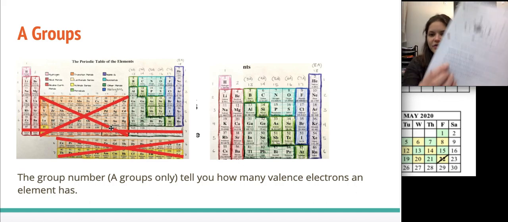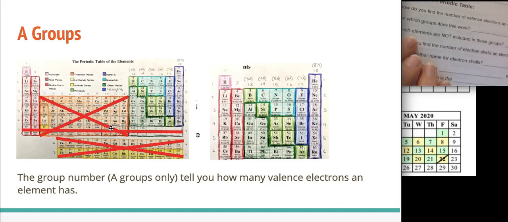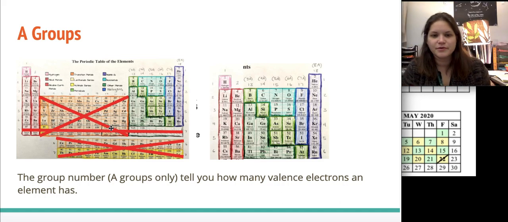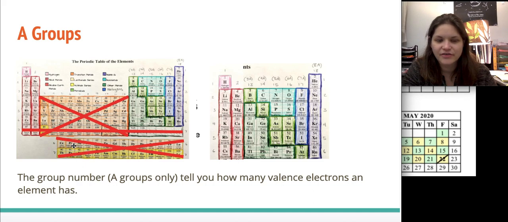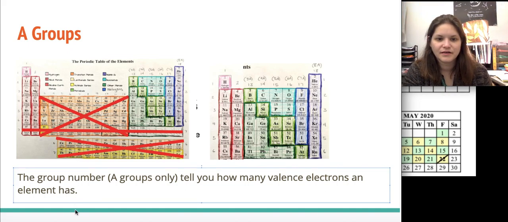So when it says which elements are not included in these groups, we're talking about the transition elements, which does also include the lanthanides and actinides. These down here, these are part of the transition metals. So it's all the transition metals, including lanthanides and actinides, that rule does not apply to. Okay. Next.